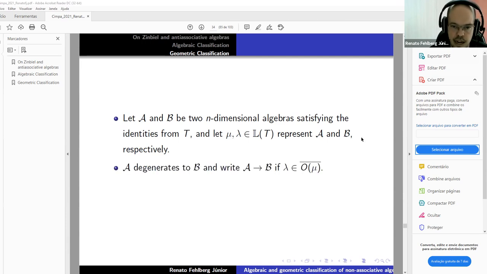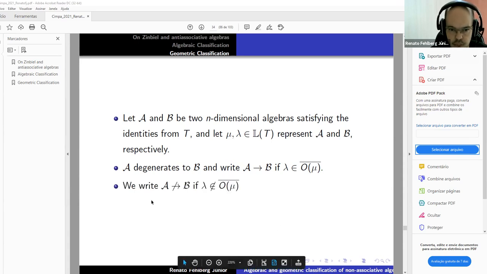And we say that the algebra A degenerates to B if lambda is in the Zariski closure of the orbit of mu. And if it's not in this Zariski closure, we say that the algebra A does not degenerate to B.